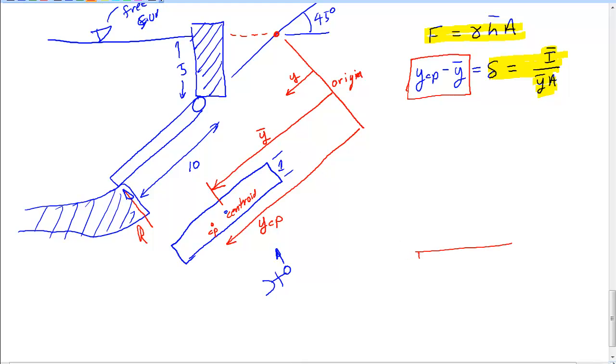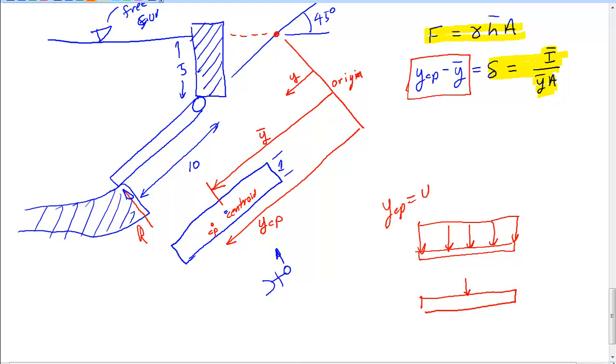Now, if you had a gate that was sitting flat on the ground, then essentially the load would be uniform, and guess what would happen? The equivalent load would look like right at the center, meaning that y center pressure equals y bar. Now let's say we tilted the gate up just a small amount.